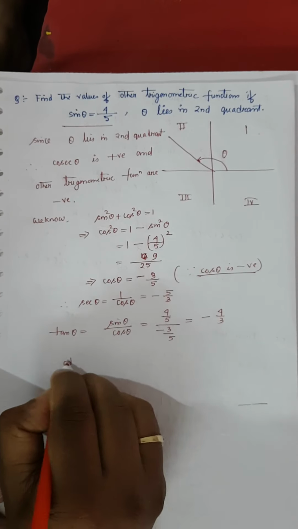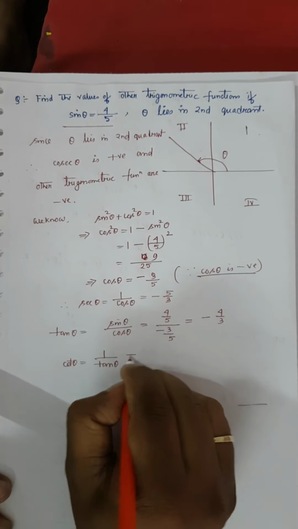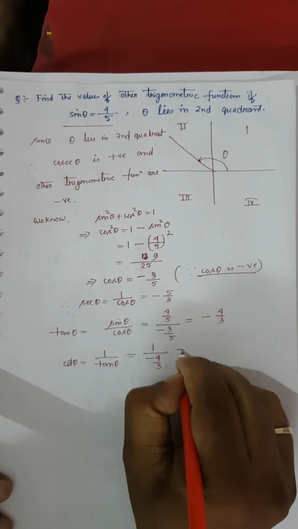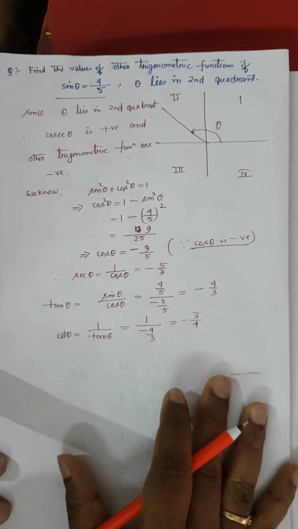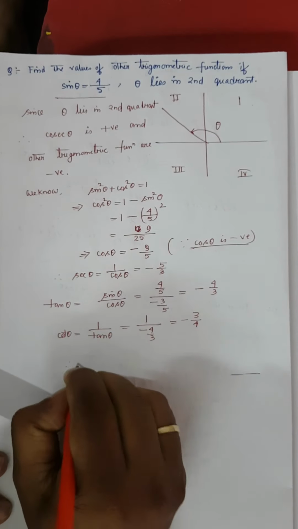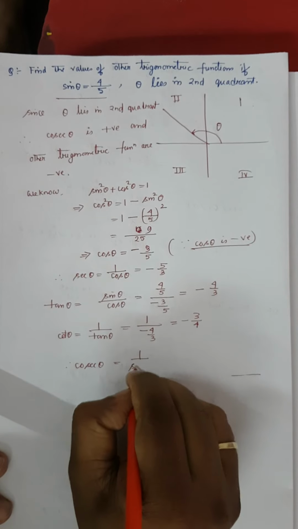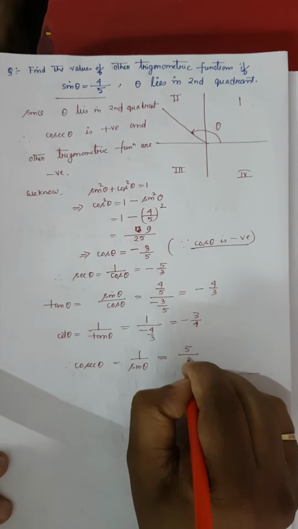What about cot theta? Cot theta is reciprocal of tan, so it is 1 by tan theta. So 1 by minus 4 by 3. Result will be minus 3 by 4. And what about cosec theta? Cosec theta is the reciprocal of sine, so it is 1 by sine theta. So result will be 5 by 4.